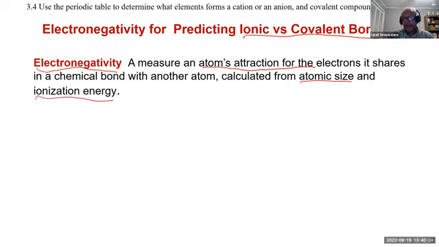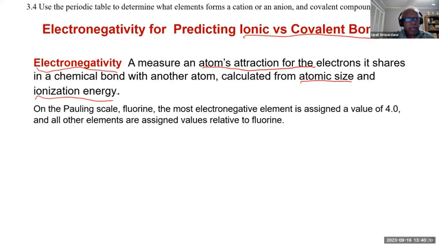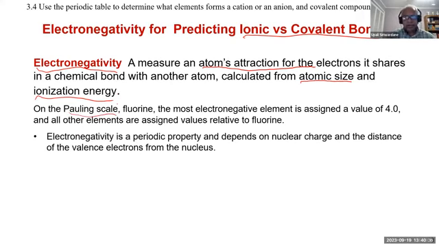We talked about atomic sizes and ionization energy in chapter 2. Pauling came up with a scale with the following electronegativity values. Highest electronegativity means most attraction to valence electrons.